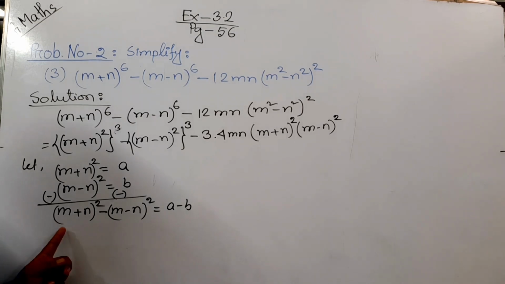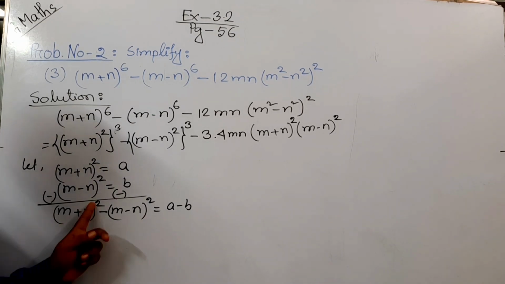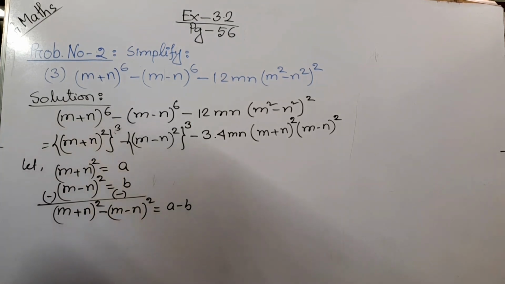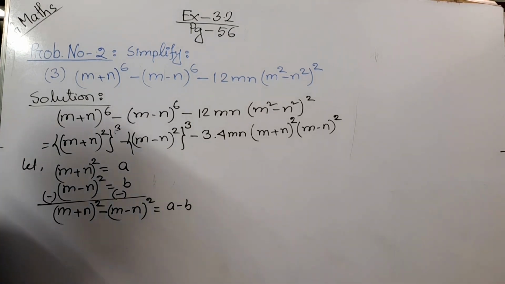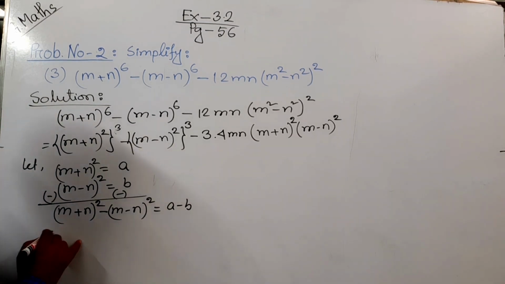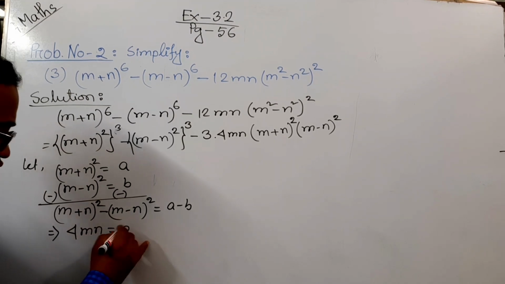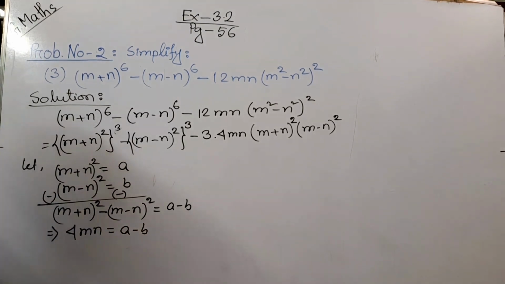Now look, (m plus n) whole square minus (m minus n) whole square, that is the formula of 4mn. I mean 4ab is equal to (a plus b) whole square minus (a minus b) whole square. We can use that formula over there, 4mn equal to a minus b.